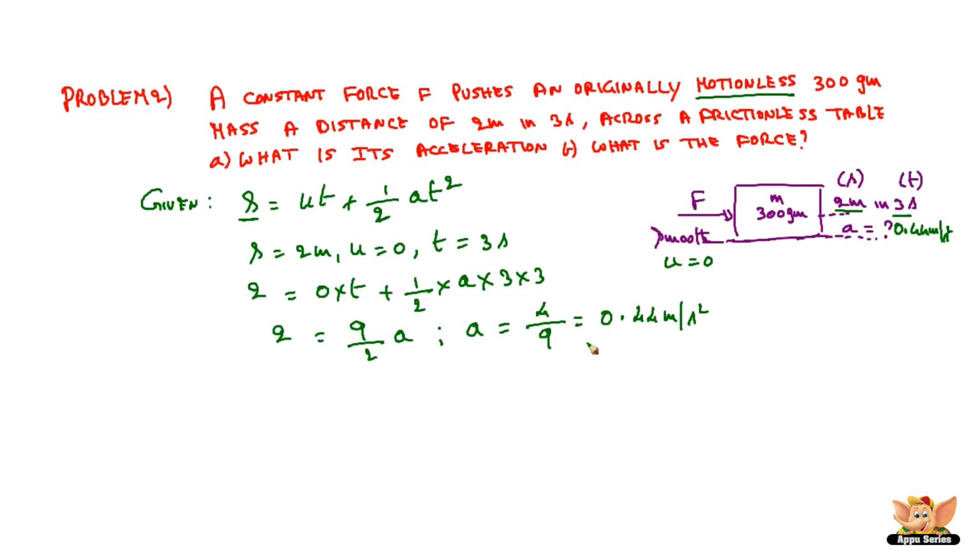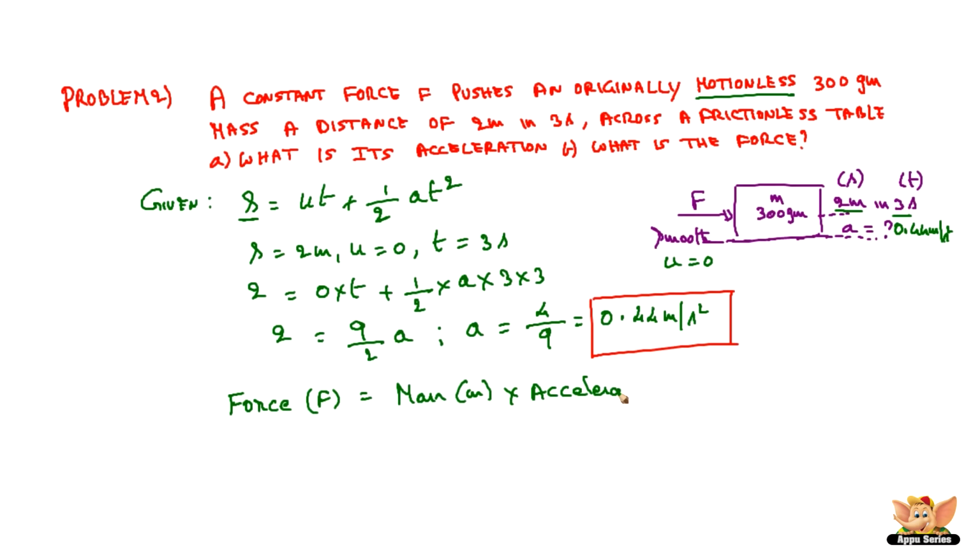Now, we know the acceleration. We can find what is the force applied since we have the mass with us. So, let's find out the force. From Newton's second law of motion, we know force F is equal to mass m into acceleration. Force applied on the mass of 300 grams by which it has moved with so much acceleration.